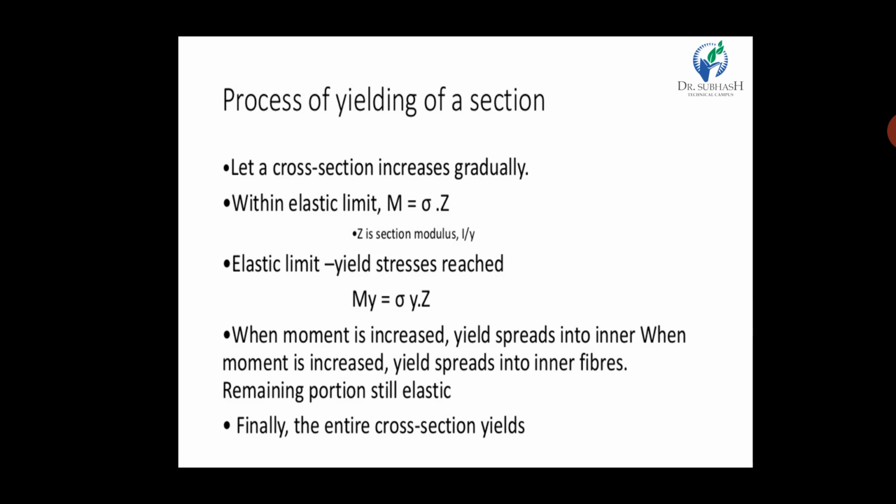So My is equal to fy into Z. When the moment is increased, the yield stress spreads into the inner fibers, while the remaining portion is still elastic. Finally the entire cross section yields. So the outer fibers are at yield stress and the remaining portion is in elastic form.